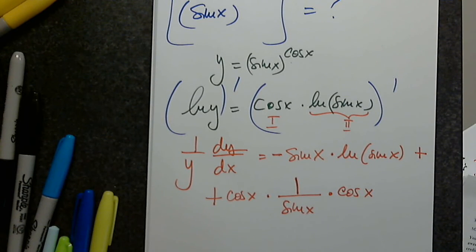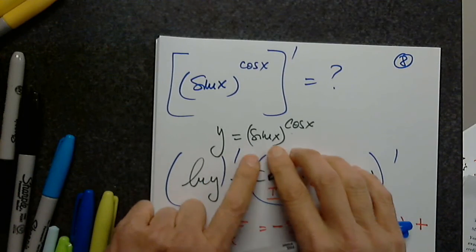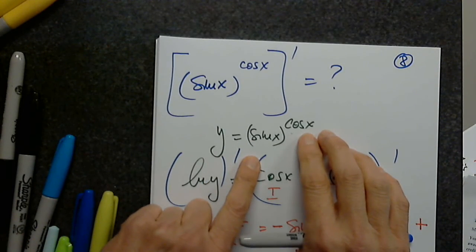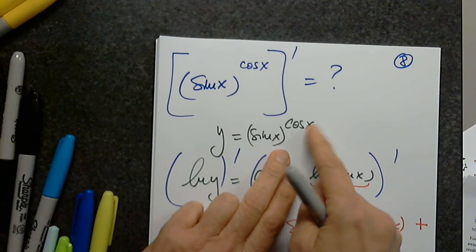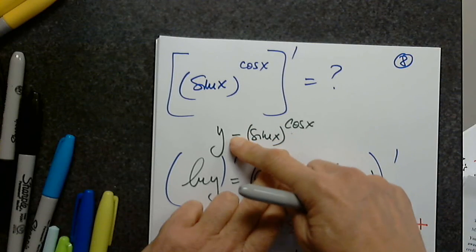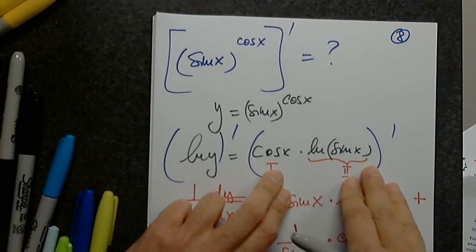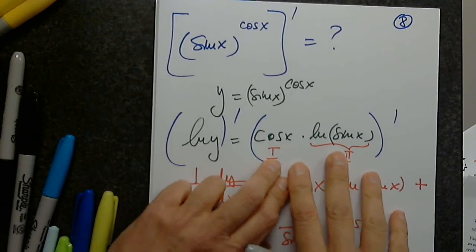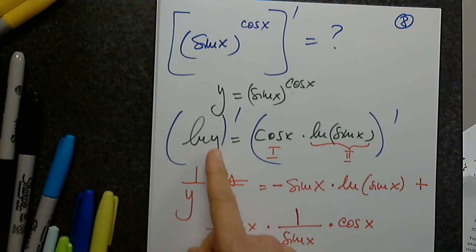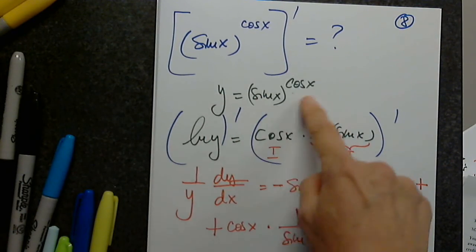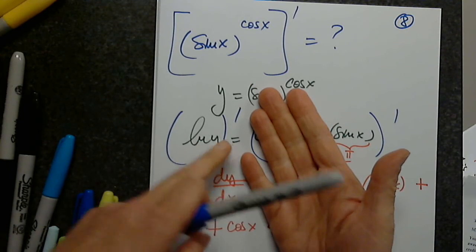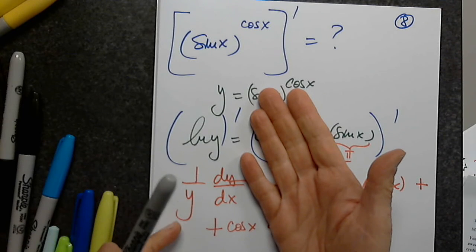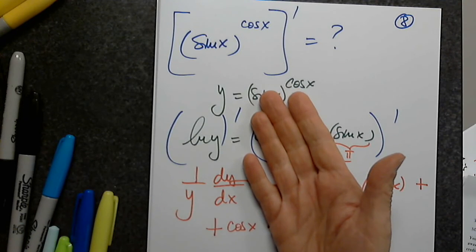Do we need to do this one more time? Yes. Okay, very good. So we have y equals sine raised to cosine. I applied natural log to this side. I applied natural log to this side, and the fact that the power becomes a factor in front of the log. Is this clear? Yes? Everyone? Okay. I differentiate the left-hand side, keeping in mind that y is a function of x. So when I differentiate log of a function, I have to write 1 over the function times the function prime.